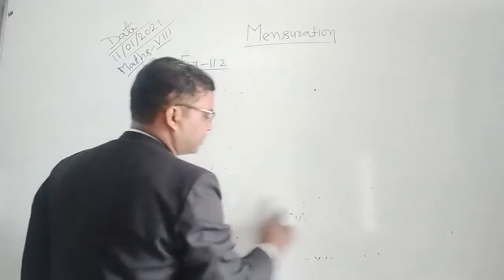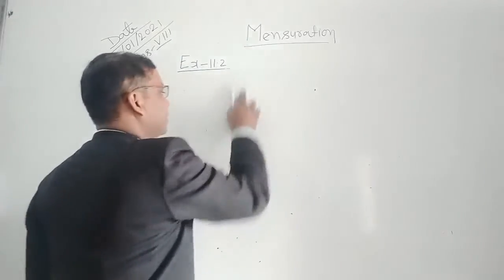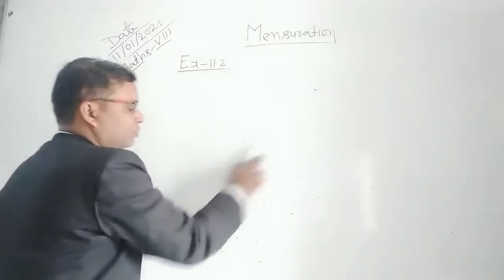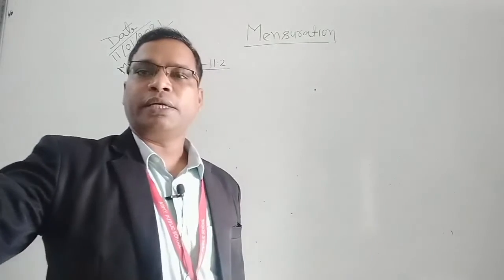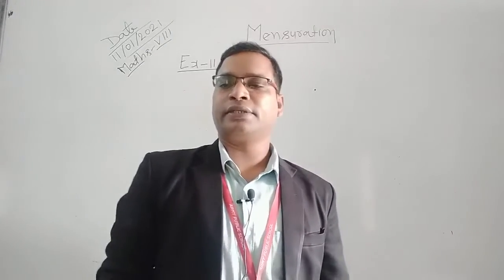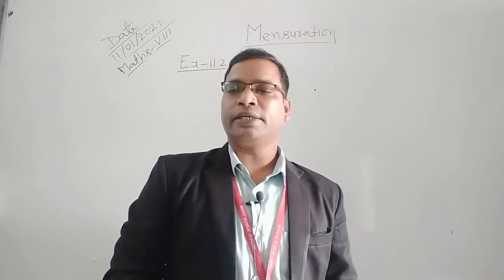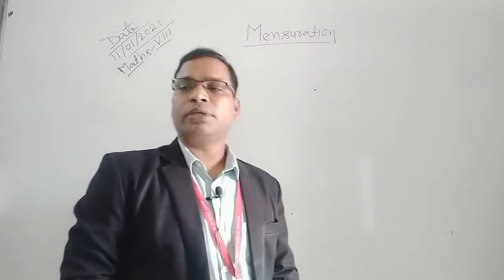We need to find the height of the cylinder. So you know very well, volume of cylinder is pi r square h. So here the volume of cylinder is given. What is the volume of cylinder?